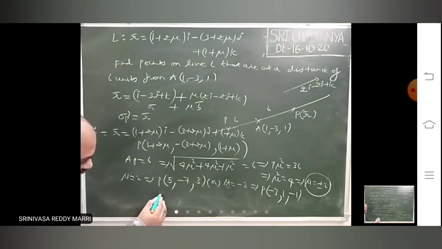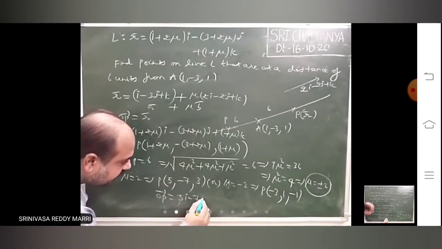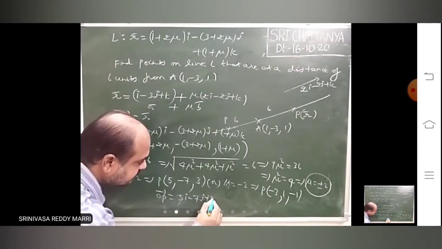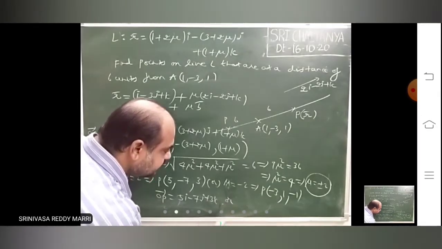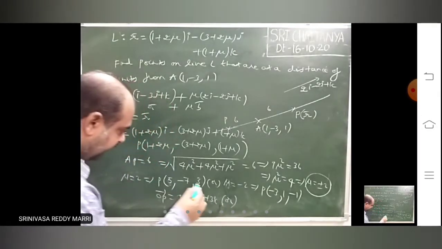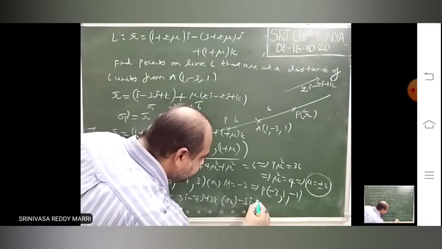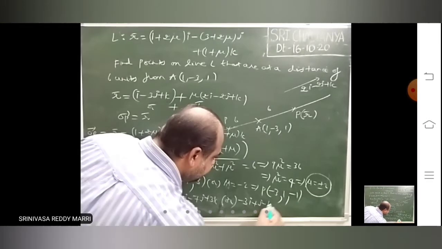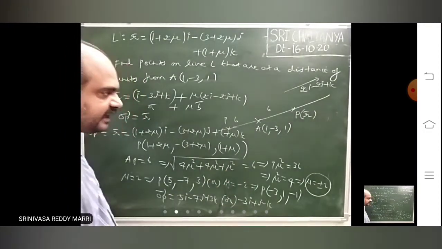If asked for position vectors, they are 5i − 7j + 3k or −3i + j − k. Points means coordinates, and position vector means we write in vectors.